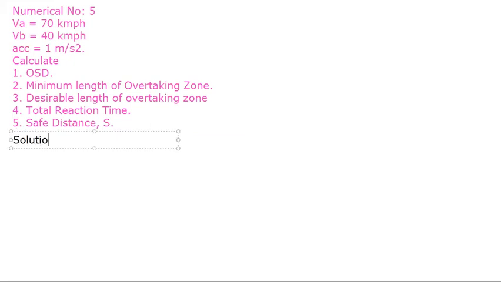Now, the solution. How can you find the OSD, safe distance, total reaction time T, desirable length of overtaking zone, and minimum length of overtaking zone? The minimum length of overtaking zone will be the minimum distance, and the maximum distance will be your desirable length of overtaking zone. So note these two things.